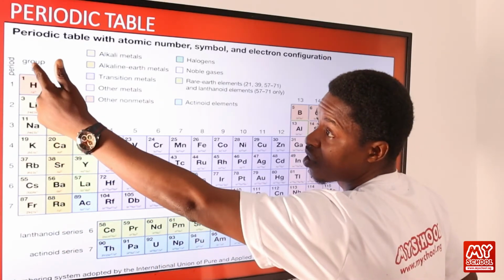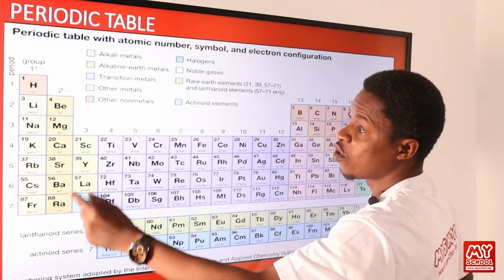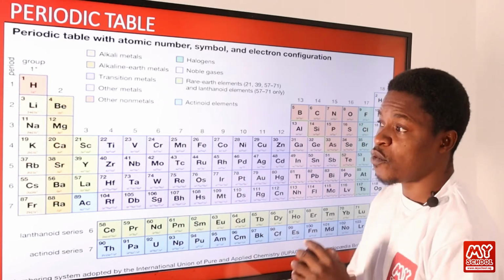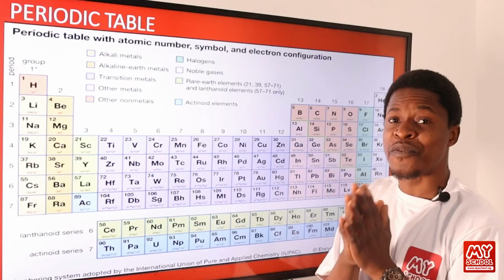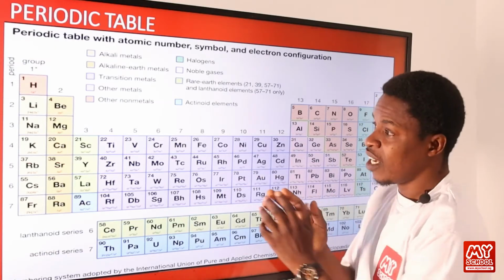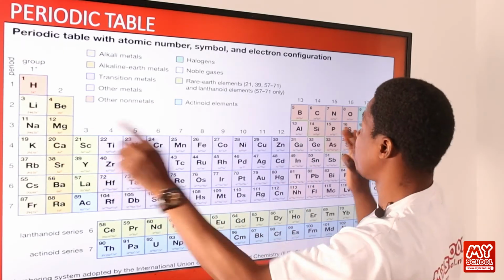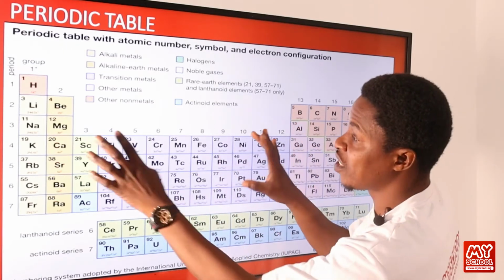And then we have our groups: group 1, group 2, group 3, group 4, and so on up to this group. But if you want to draw the periodic table for the first 20 elements, this group 3 to 12 here is not going to appear. So you are just going to draw this one closer, so this gap will not be there.